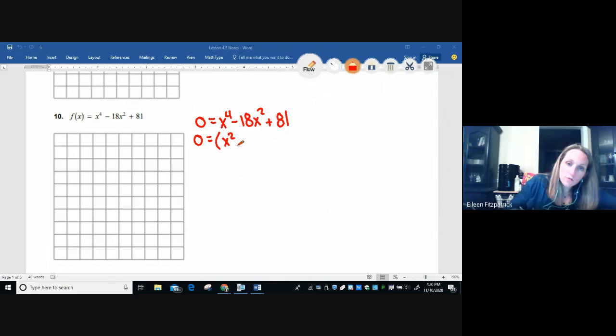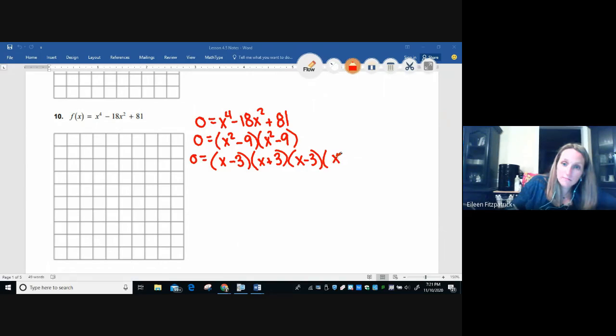It's going to be x squared minus 9, x squared minus 9. All right, so that's going to be, because those are a difference of squares, both of them, x minus 3 times x plus 3, and then another x minus 3 times x plus 3.